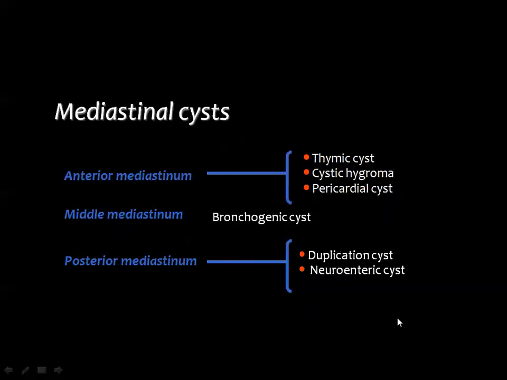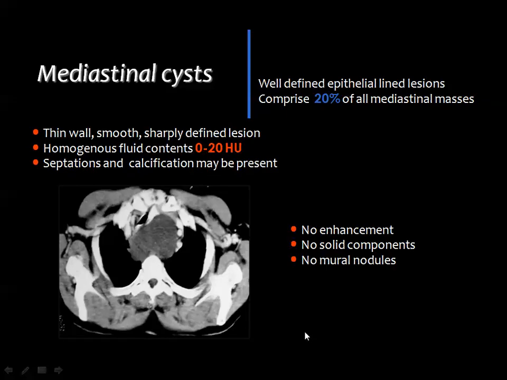Then these are the mediastinal cysts in the pediatric age group. In the anterior mediastinum, we have the thymic cyst, the cystic hygroma, and the pleuropericardial cyst. In the middle mediastinum, the bronchogenic cyst. In the posterior mediastinum, we have the duplication cyst as well as the neuroenteric cyst.